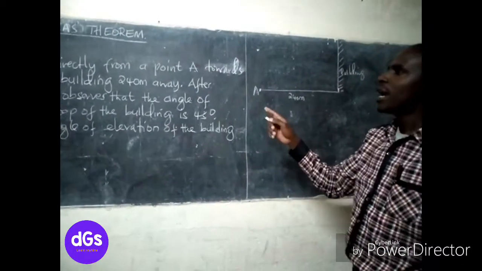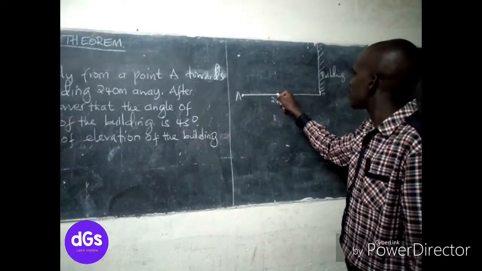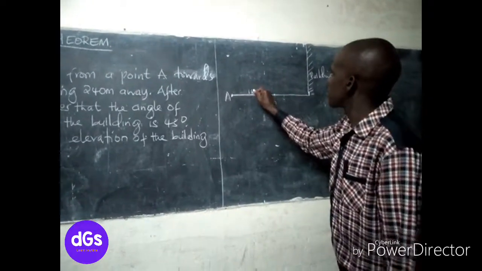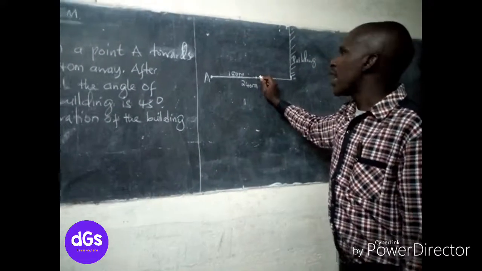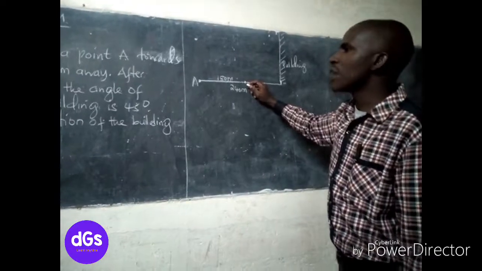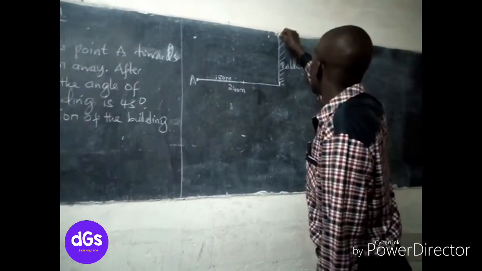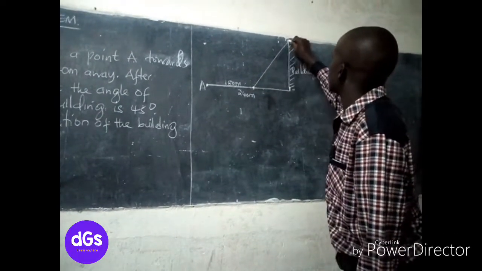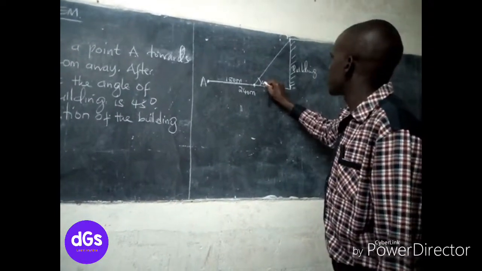So then we are told, after covering 180 meters, so from point A moving this way, he has covered a distance of 180 meters. So he comes to a certain point and observes the angle of elevation to the top of the building. Assuming that this is the top of my building, at this point here, he observes this angle to be 45 degrees.